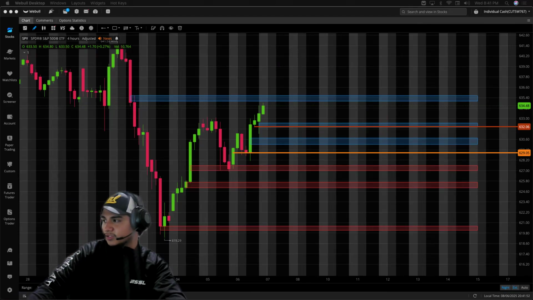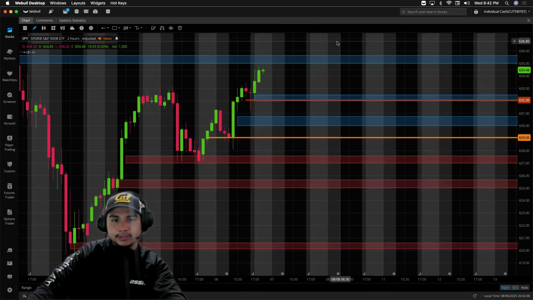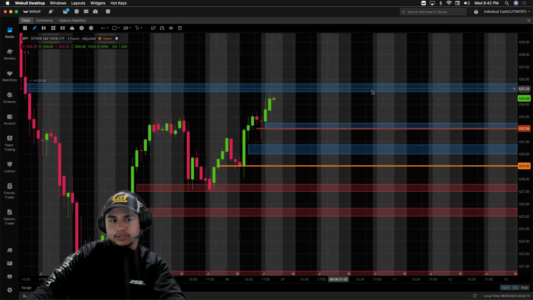XLK, XLF, strongest of today. Two bullish sectors, XLP as well. So I think this looks like a good sign. But then again, we are in a range where we could possibly be oversold.